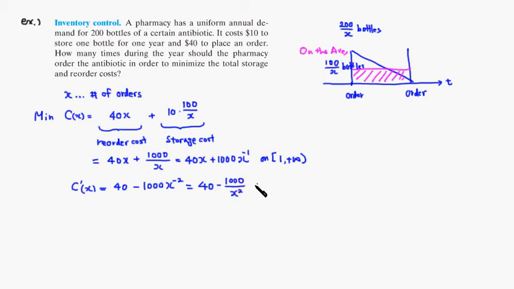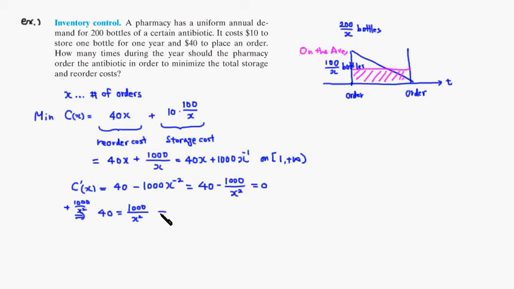I'm going to set that equal to 0. First we can add 1000 over x squared to both sides, and you're going to get 40 equals 1000 over x squared.